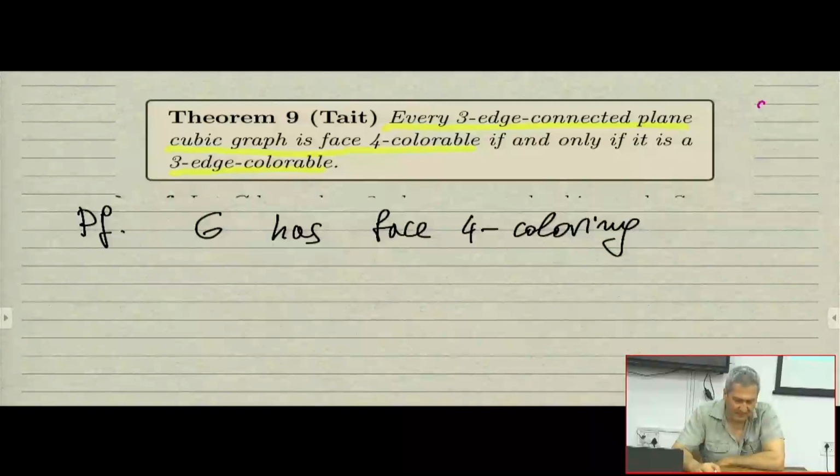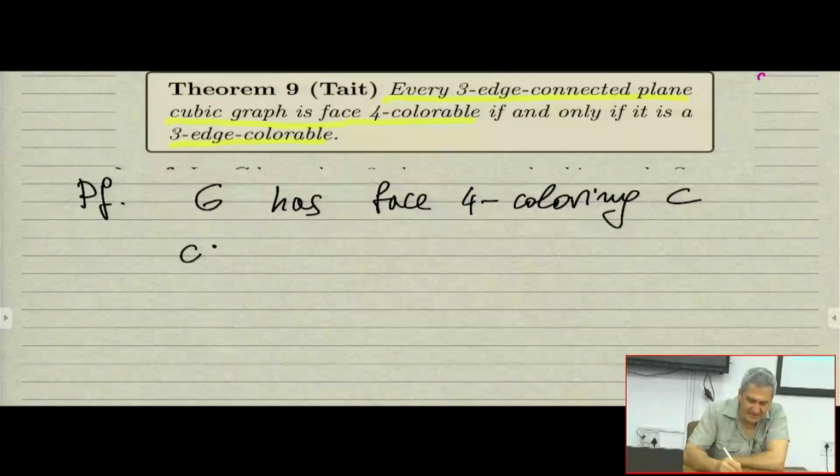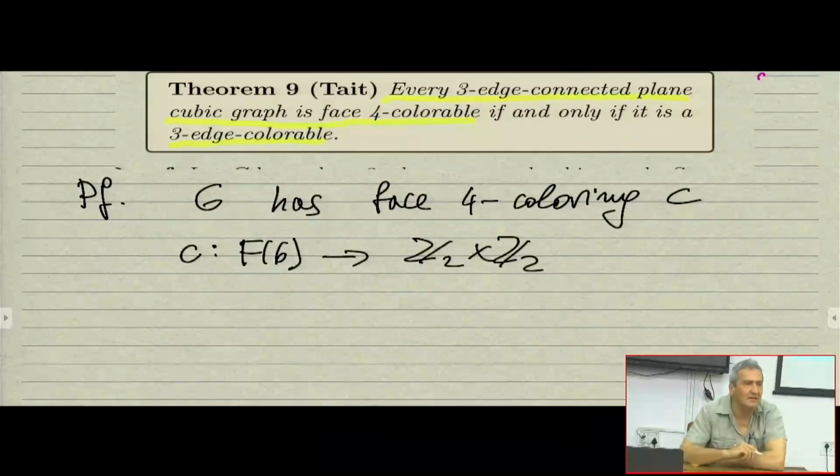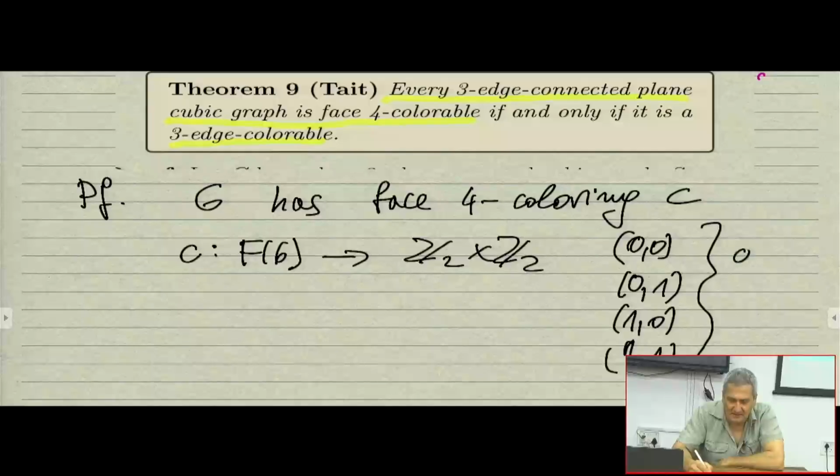Okay. We can assume that our colors, C, we can assume that C maps faces into the group Z2 times Z2. Okay. This is usually people like to do like this. We map Z2 into Z2, yes. So our colors will be 0,0, 0,1, 1,0, and 1,1. Our colors.